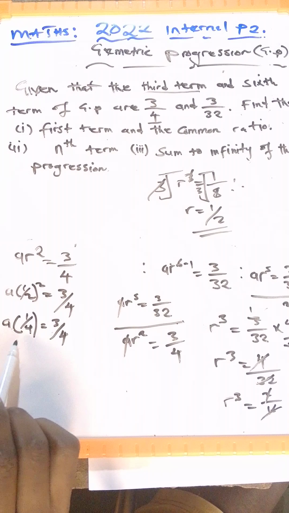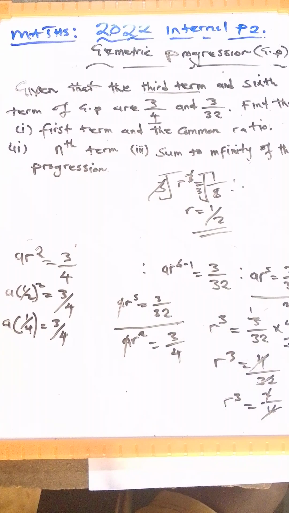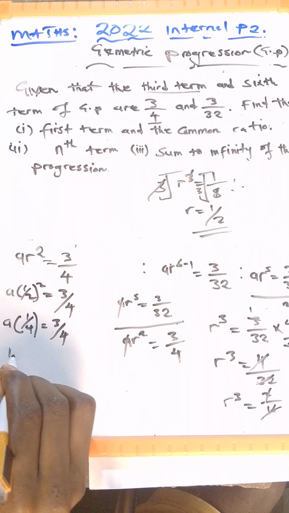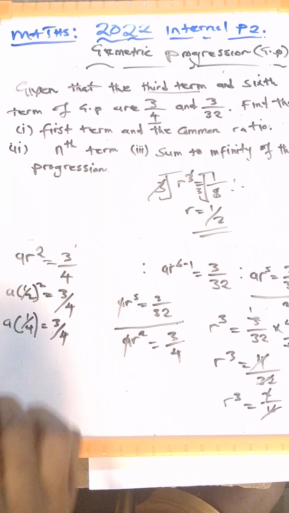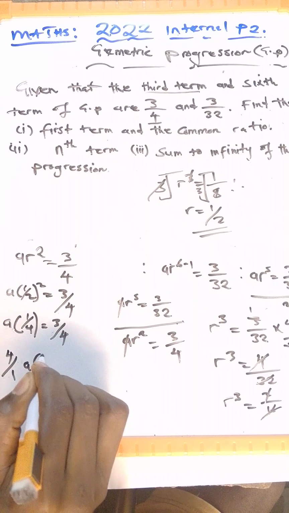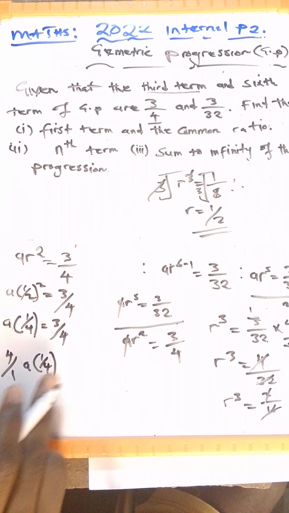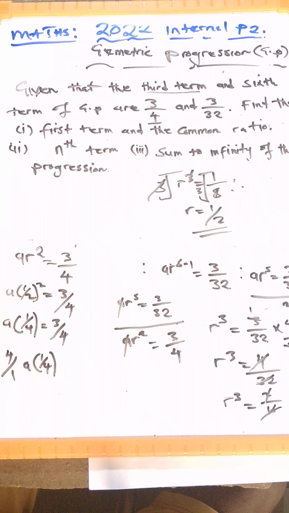Either I can divide by 1 over 4 here and here, or I can do the reciprocal, where I will say 4 over 1, then this a I have 1 over 4. Then what I've done on this side, I should also do on the other side.